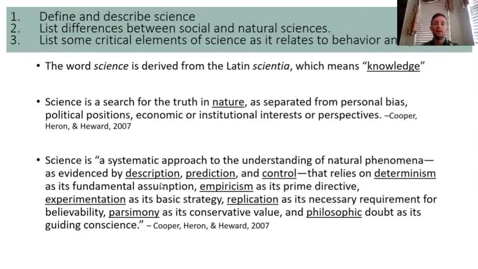And then goals of behavior analysis, or goals of a science of behavior, include description, prediction, and control. Now the basic approach to understanding natural phenomena is experimentation. All right, so this definition includes philosophical assumptions, a basic approach to understanding natural phenomena, and some of the goals of a science of behavior.